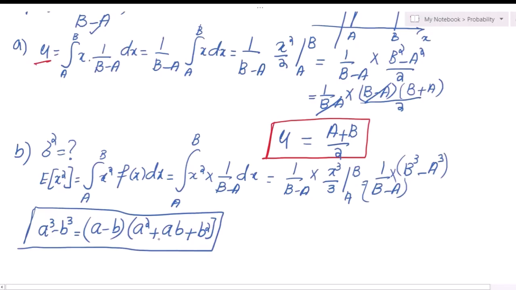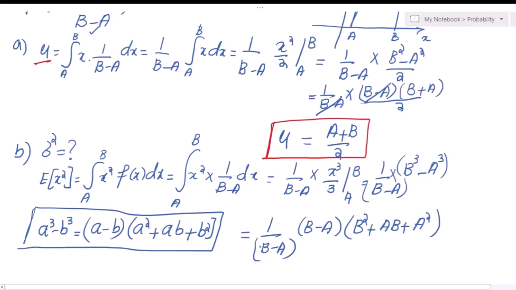So writing it here, what would we get? It would be 1 over b minus a, and here it would become b minus a times b square plus ab plus a square. These two will cancel out, and here we also have this 3, which is included as well.